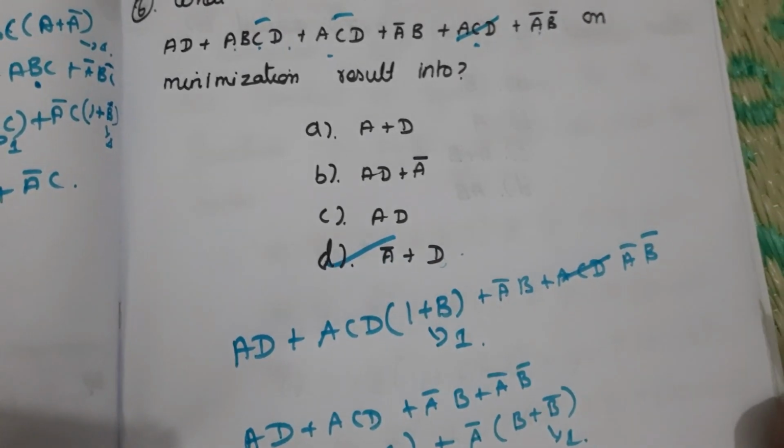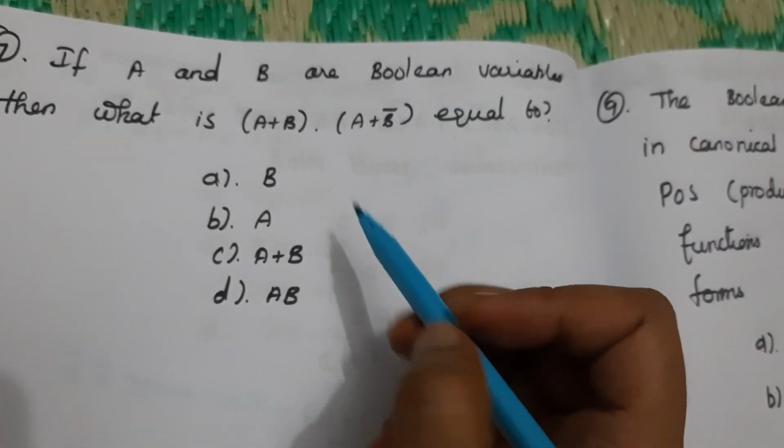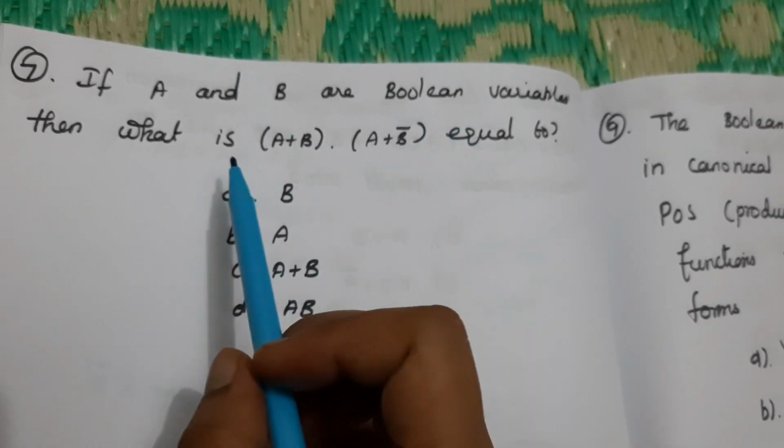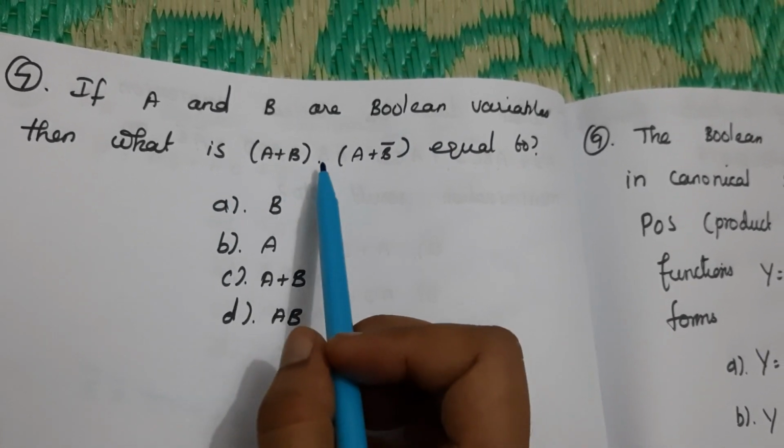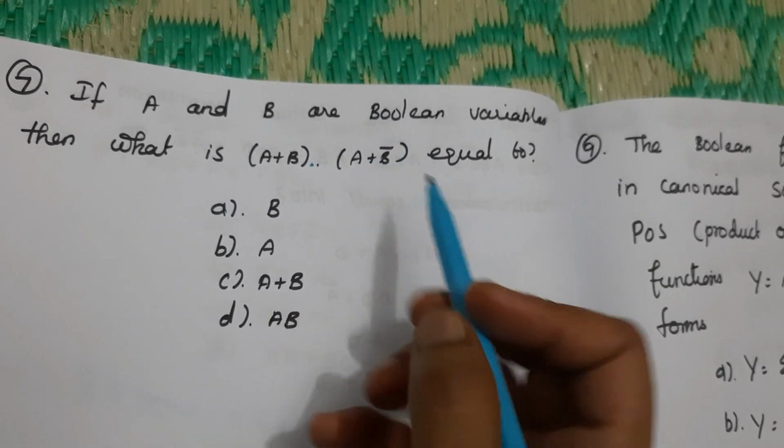D is the answer. Next question, if a and b are Boolean variables, then what is (a + b)(a + b')?